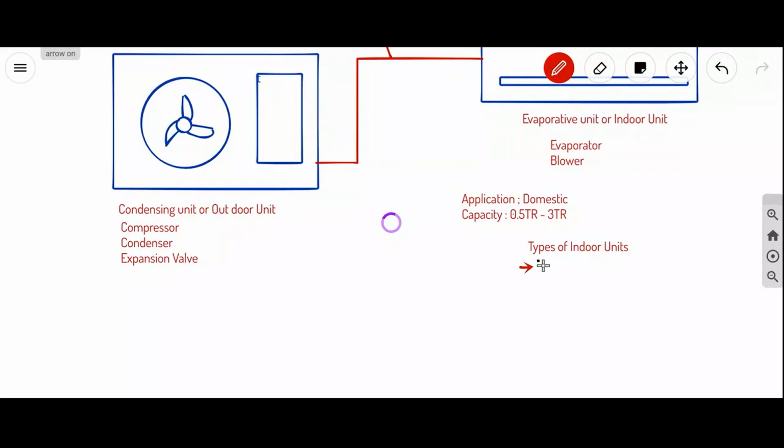We have wall mounted, floor mounted, ceiling suspended, concealed type. Next tower type, tower type or floor mounted we say. Next cassette type, and a hideaway.